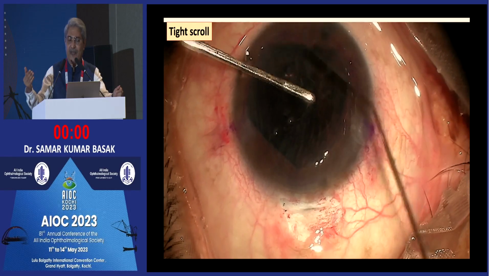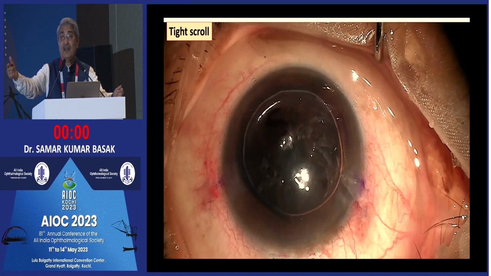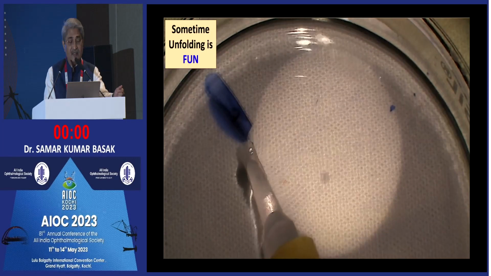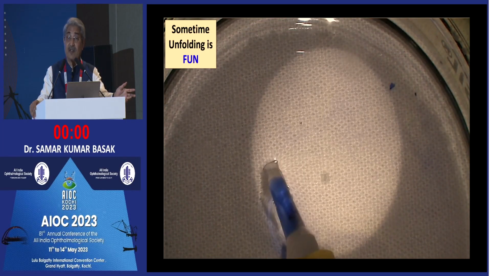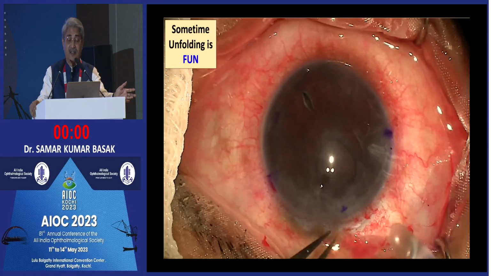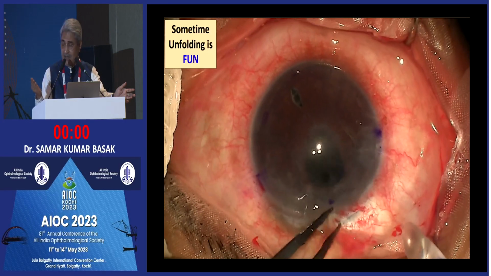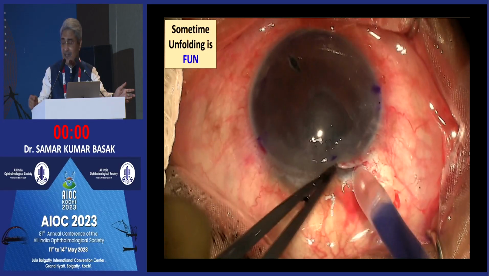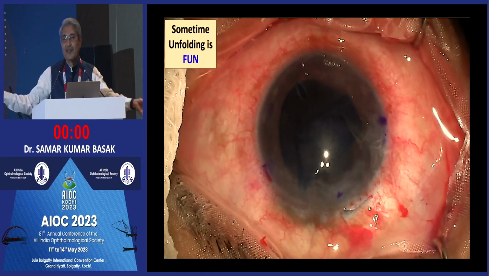It takes time to completely open it, but never deepen the chamber. Again it will half scroll. It will again be like this. So this is it. And sometimes the unfolding is fun. Like this patient with older tissue, more than 80 years old. I saw the scroll type, though not clear in the cornea, I just go in, and it opens like this.